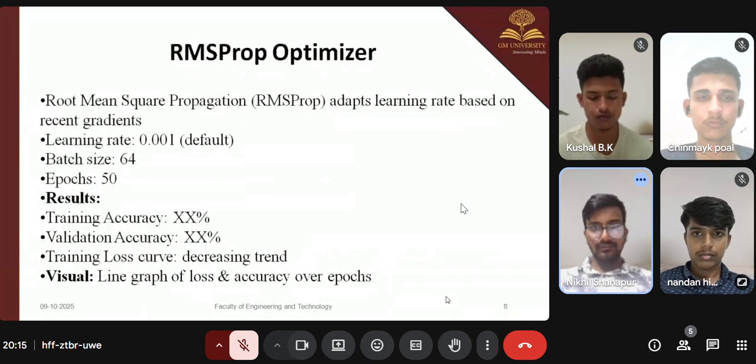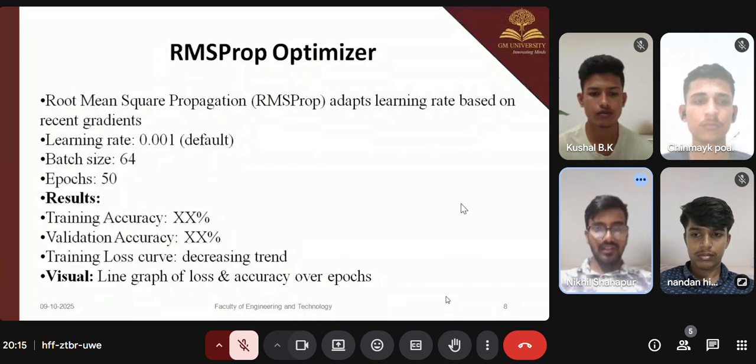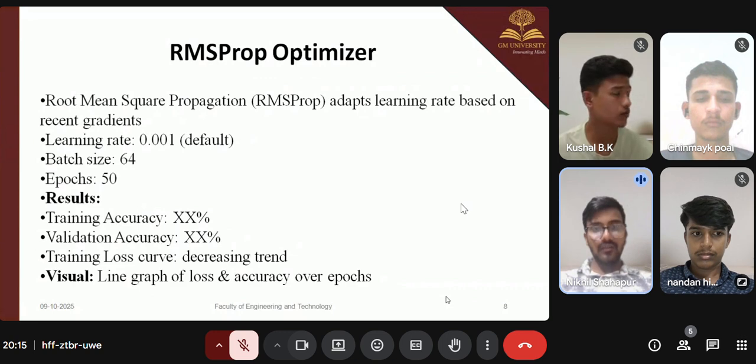Next slide, RMSProp optimizer. Root Mean Square Propagation, RMSProp, adapts the learning rate based on recent gradients. Learning rate 0.001 default, batch size 64, 50 epochs. Result: training accuracy 92% and validation accuracy 84%.